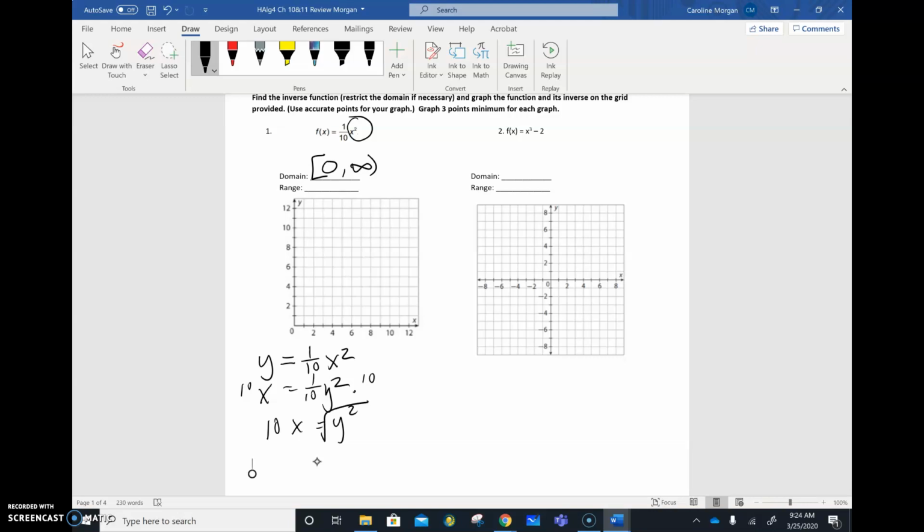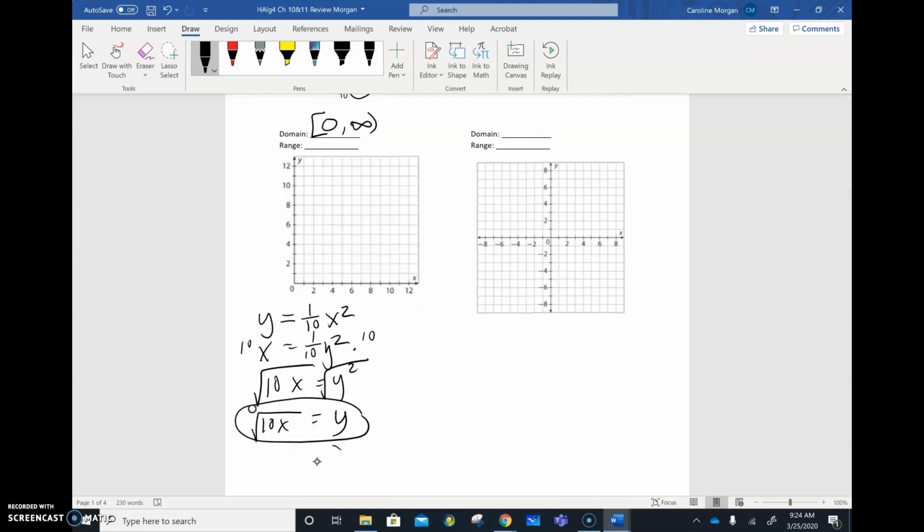If I take the square root of this, y equals just the positive square root of 10x. My final step really is to replace y with f to the negative 1, which indicates inverse function.